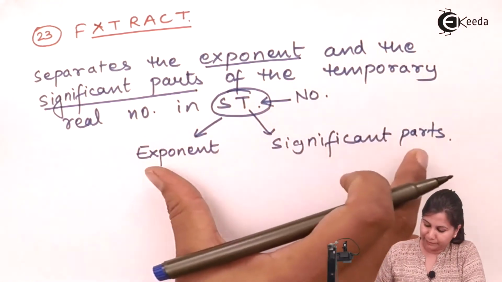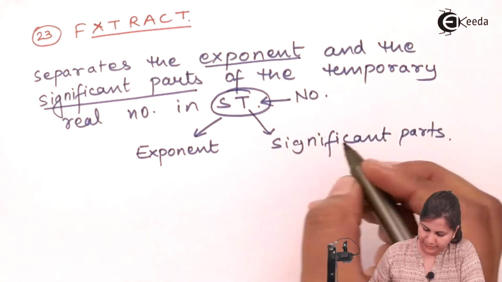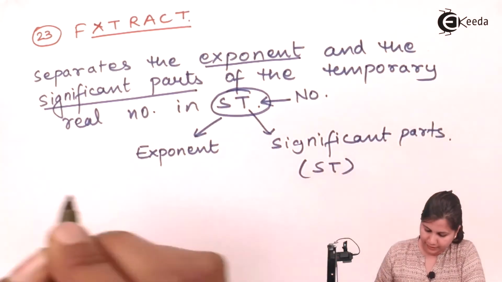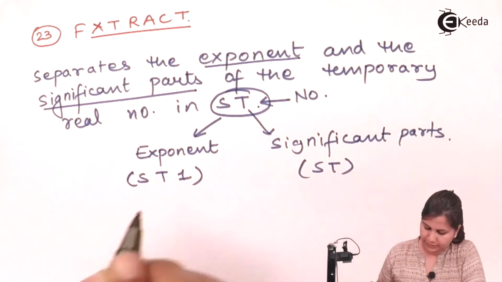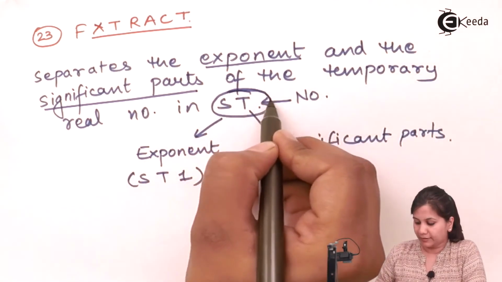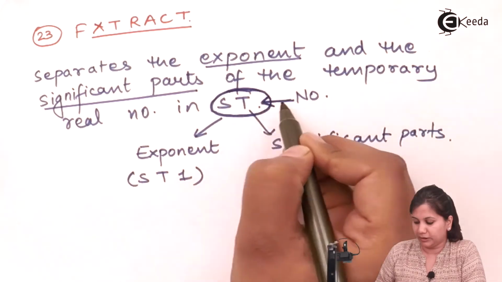Now after this separation, the significant part is contained in the ST, and the ST1 contains the exponent. So at the top of the stack in ST, we earlier had the number.